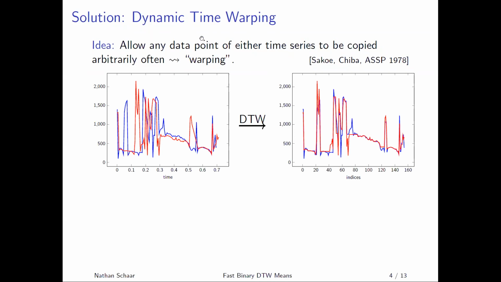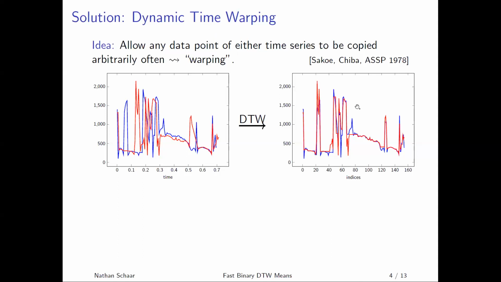Here we have on the left side the original two signals, and on the right side the warped signals. You can immediately see that, for example, those peaks we talked about earlier are now aligned. Also, the first red peak is way later in the original series, and after warping, they are also aligned.